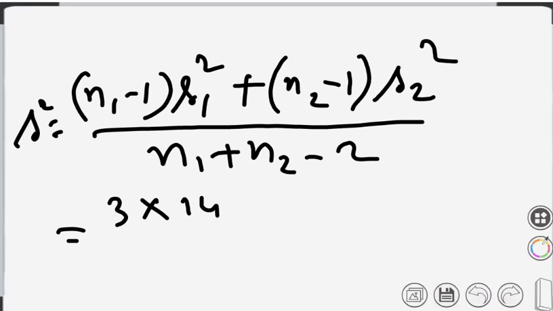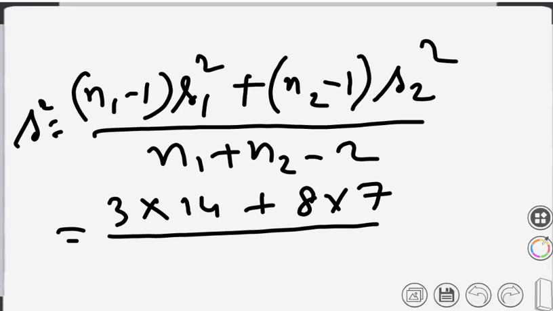What is s1 square? s1 square 14 তো? হ্যাঁ স্যার। হ্যাঁ, so 3 into 14 plus 8 into 7 by n1 plus n2, that means 8 plus 3 কত হয়? ক্যালকুলেট করো। So 3 into 14 plus 8 into 7, that gives you 98 divided by 11.